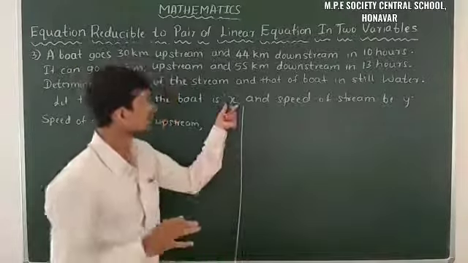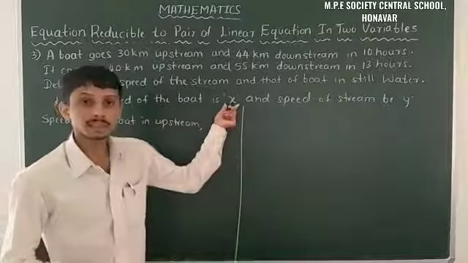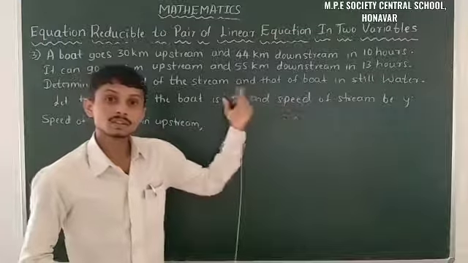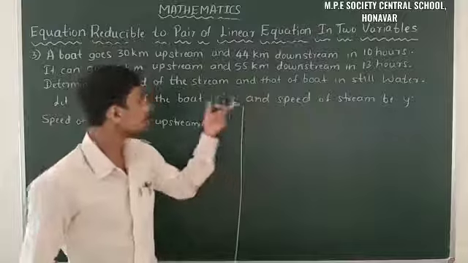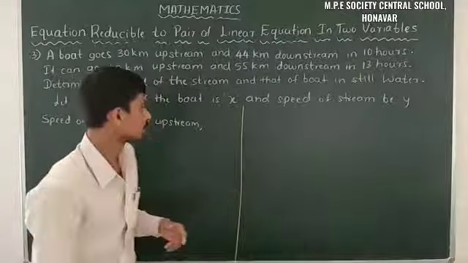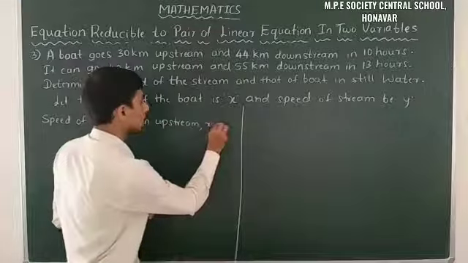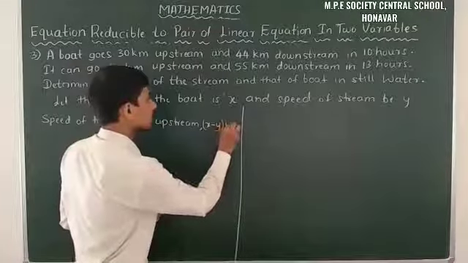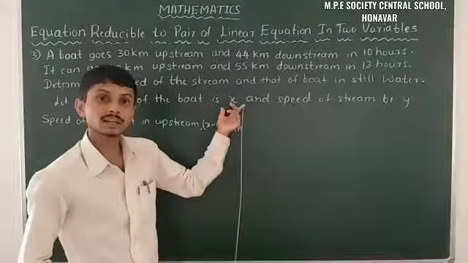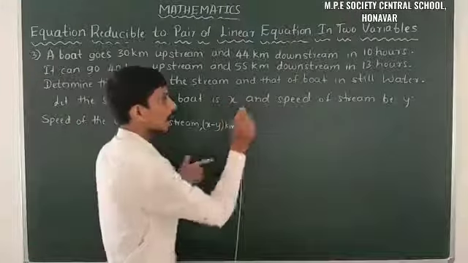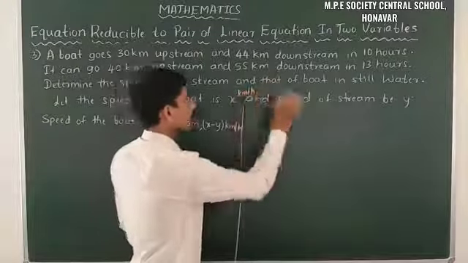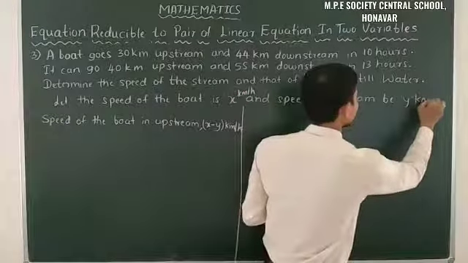The boat speed is x and the speed of the stream is y. So the speed of the boat is reduced by y. That means we have x minus y kilometer per hour. Here we take x kilometer per hour and y kilometer per hour.